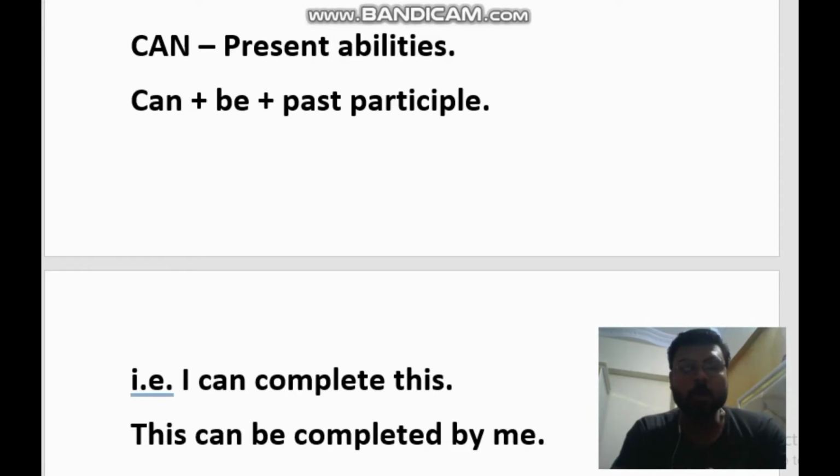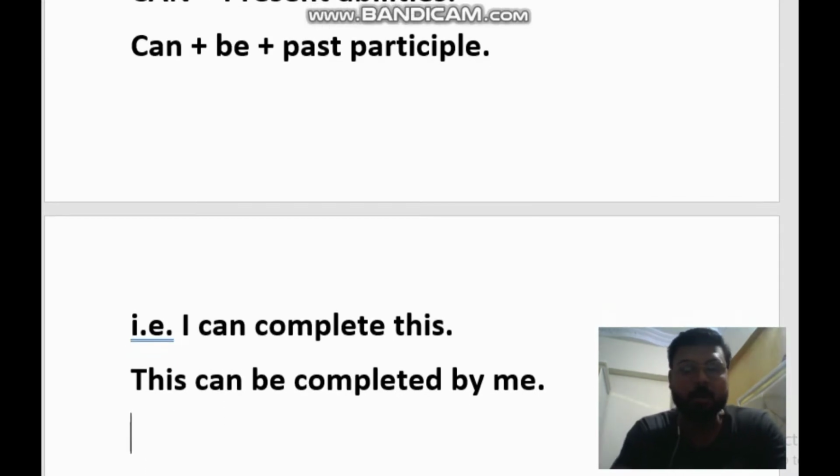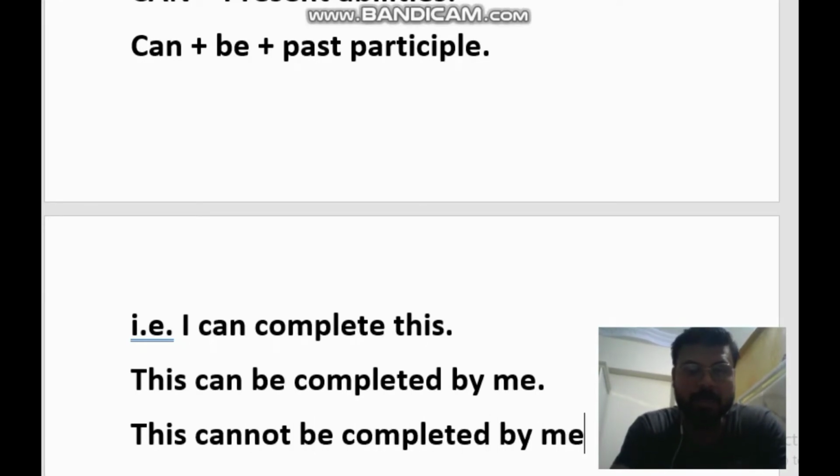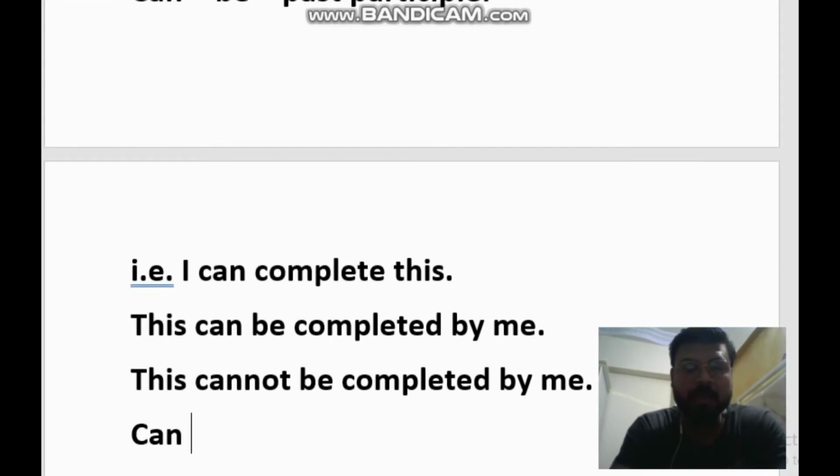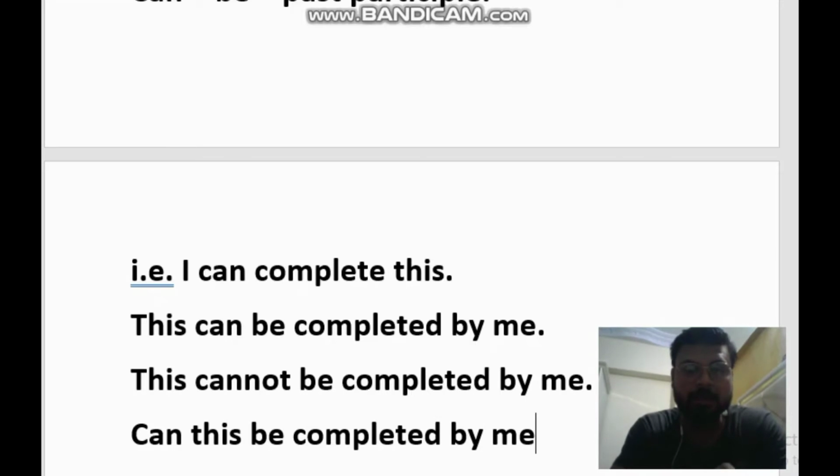Or if I'm going to form a negative, this cannot be completed by me. And when it comes to an interrogative, can this be completed by me? And question mark. Do not forget to use a question mark when it comes to an interrogative. Okay, so passive voice with can must be clear to you now. If not, let's take some more examples.